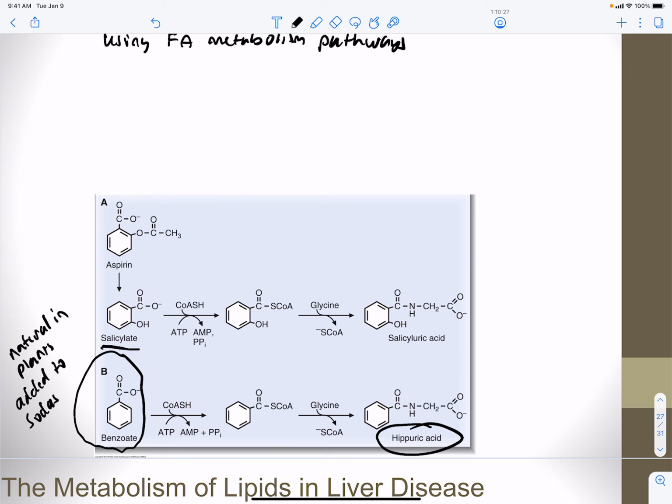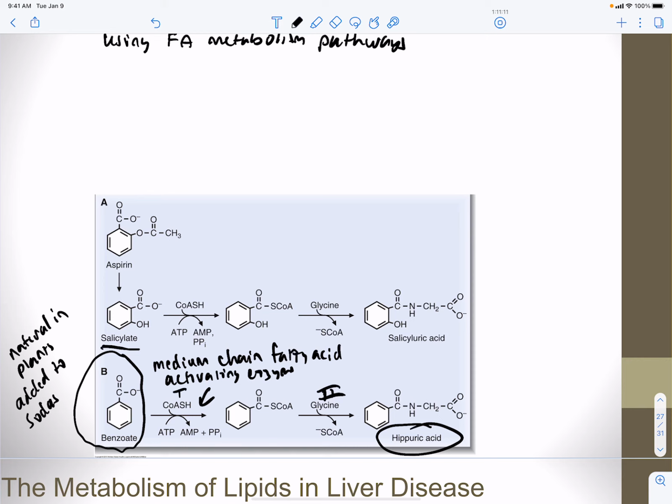You have activation by the medium chain length fatty acid activating enzyme, which is step 1, and then it gets conjugated with glycine, which is step 2.